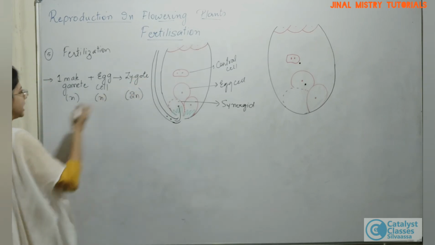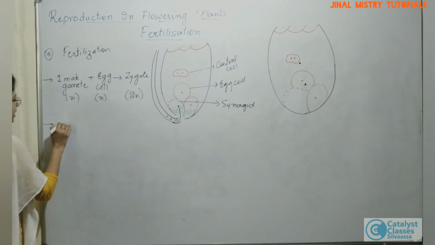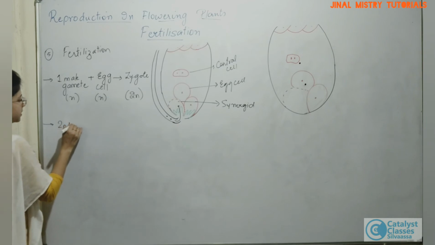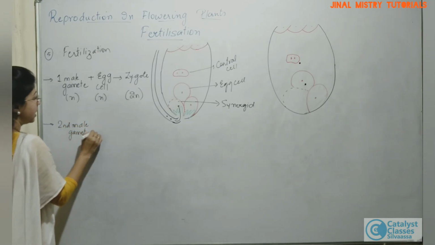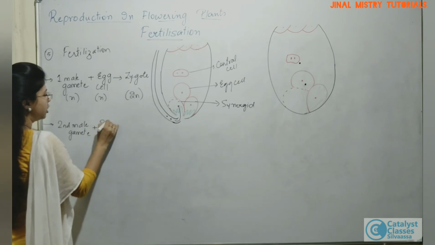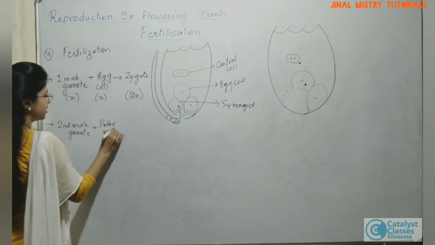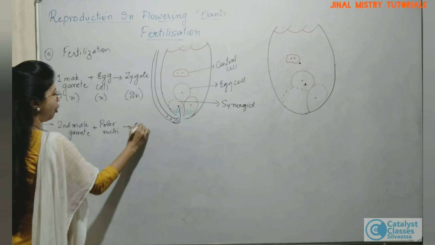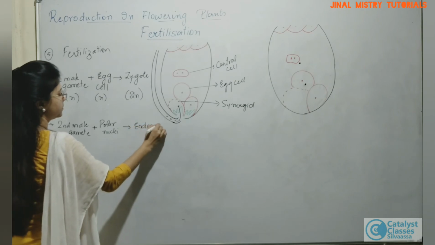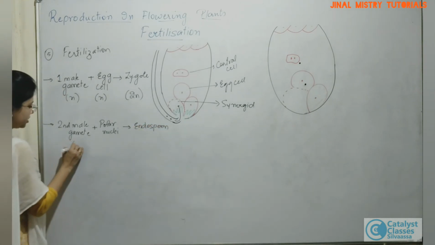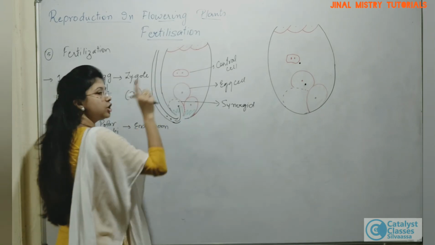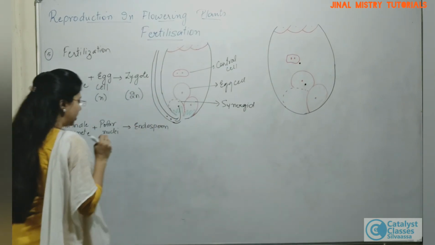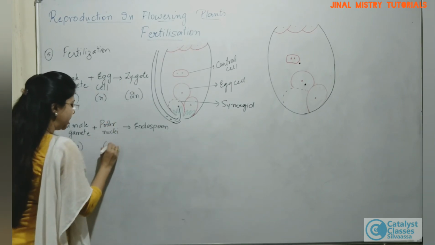The second fertilization process which takes place is the second male gamete plus the polar nuclei. They are going to form the endosperm. Of course, the second male gamete will also be haploid. Each polar nucleus is haploid, but there are two nuclei present, so it will be diploid.